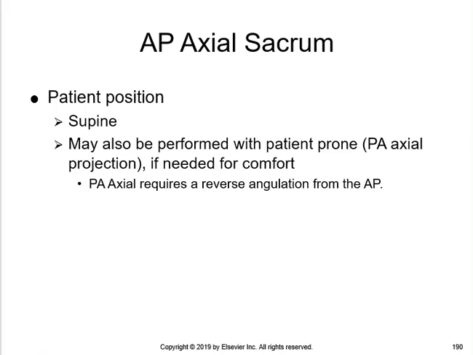So your AP sacrum and your AP coccyx, in both cases, you're going to have patient supine. You can do it prone, but I've never seen that happen. So supine, just realize that if you did it prone, everything would be reversed. Your angulation would be reversed.